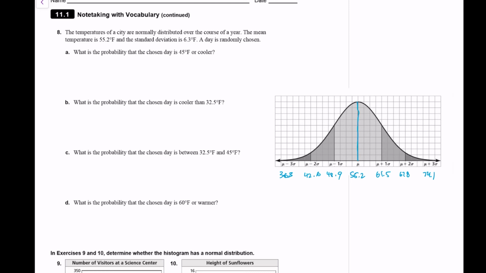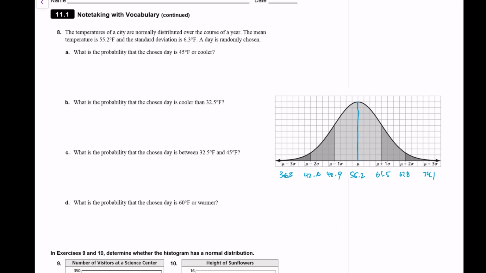Okay, so it says, what is the probability that the chosen day is 45 degrees Fahrenheit or cooler? If I'm looking at 45 degrees Fahrenheit or cooler, we do have a little bit of a problem right here, because we don't necessarily have 45 degrees. So what do we do right here?